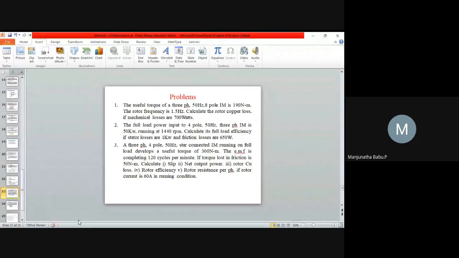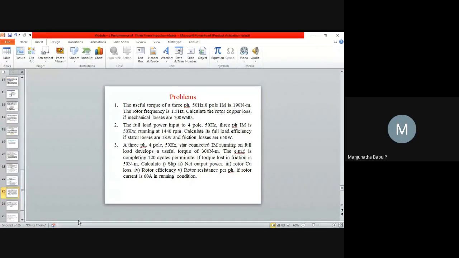Friction loss is equal to torque lost into 2 pi n by 60. The friction loss is 7536, so 7.5 kilowatts is the friction loss.